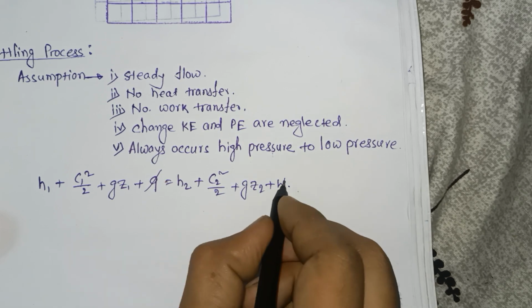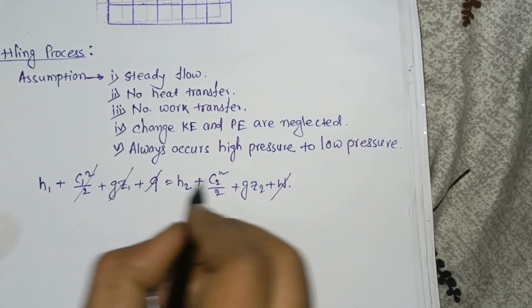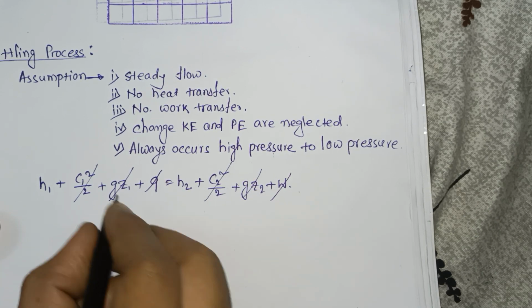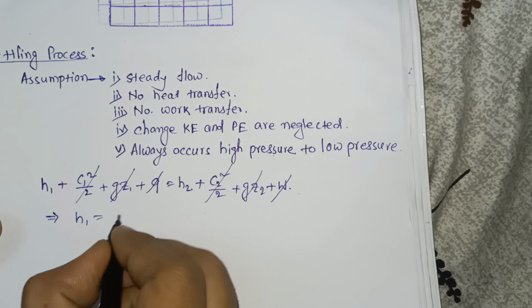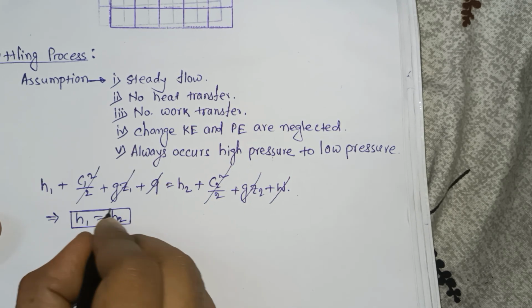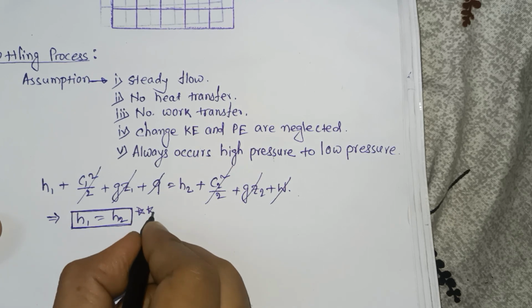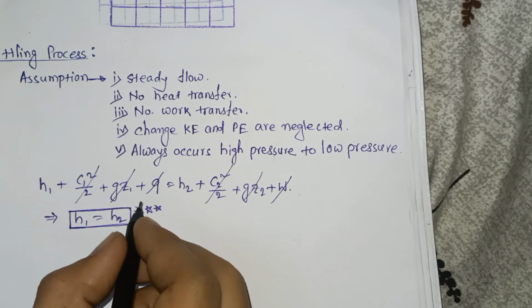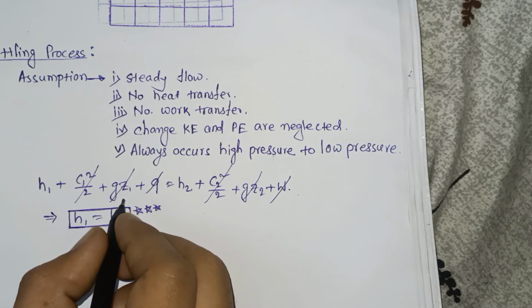No work transfer, this cancels out. Kinetic energy and potential energy are neglected, so this cancels out. So from this equation you can see that H1 equals H2. So for the throttling process, the specific enthalpy at inlet is equal to the specific enthalpy at outlet. Very, very important. So that is why the throttling process is known as an isenthalpic process.